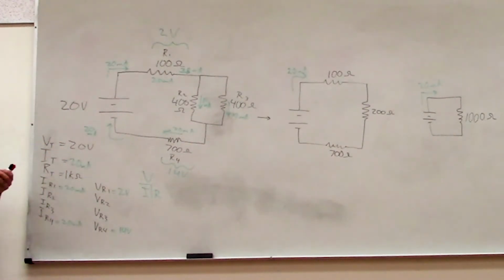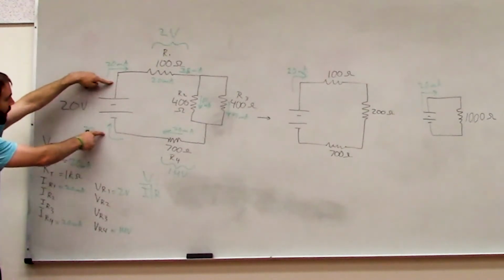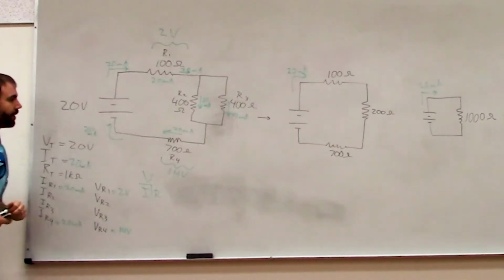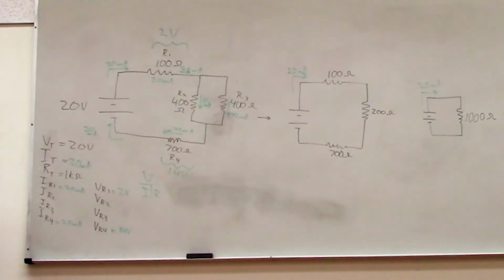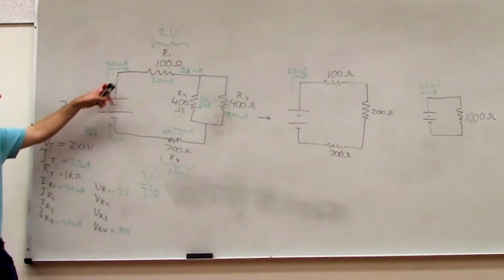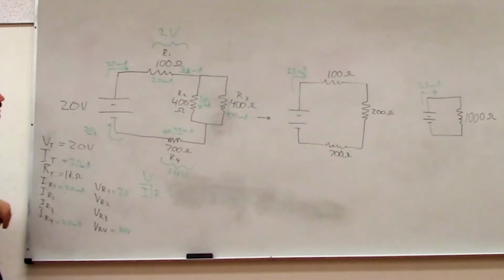But there are other ways of looking at this also. We know that there's 20 volts of difference between the top and the bottom of this power supply. So what we could say is that the total of all of these voltages has to add up to 20. Okay?